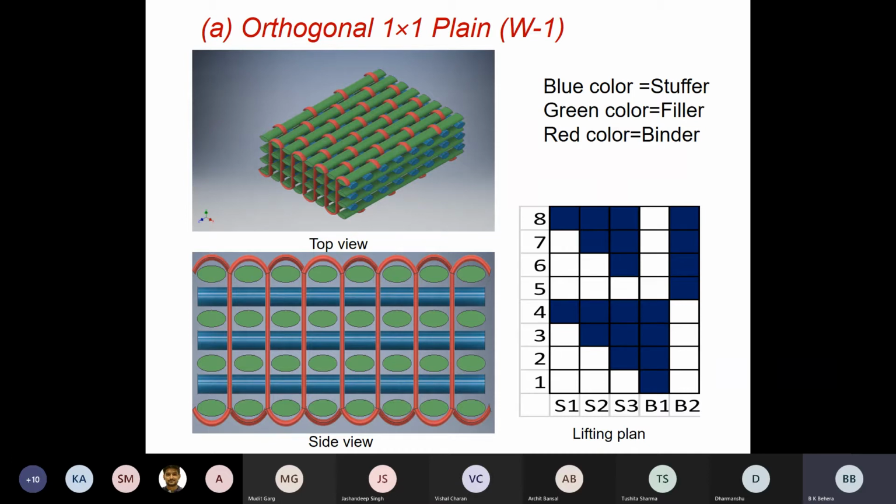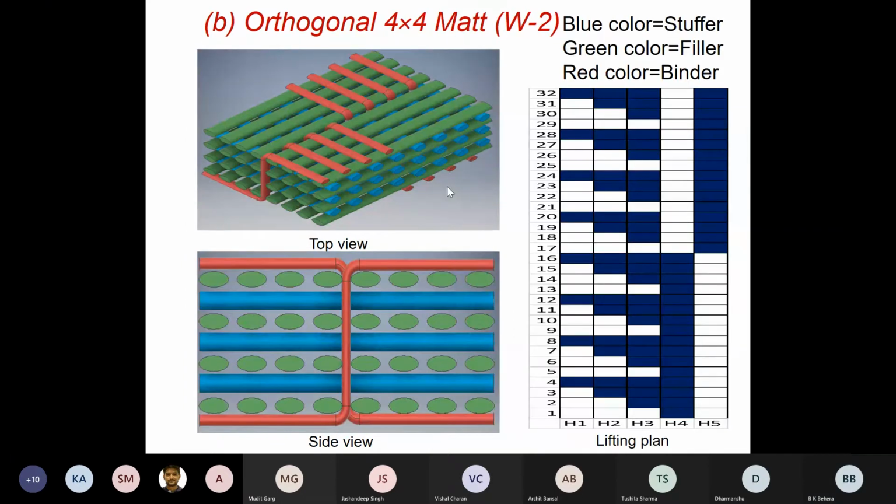I can change this weave design according to my requirement. For example, I am showing you the next one. This is a 4x4 mat.